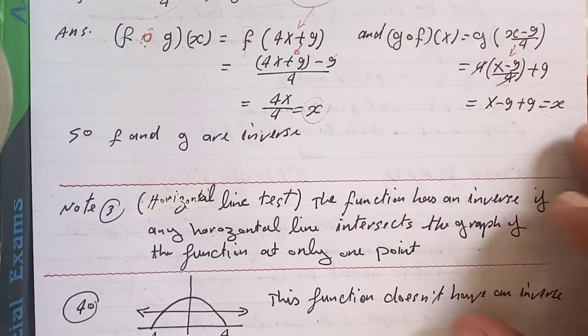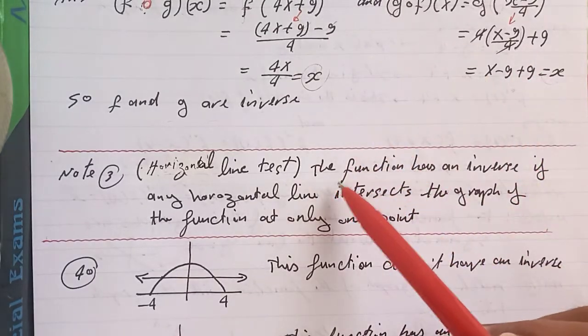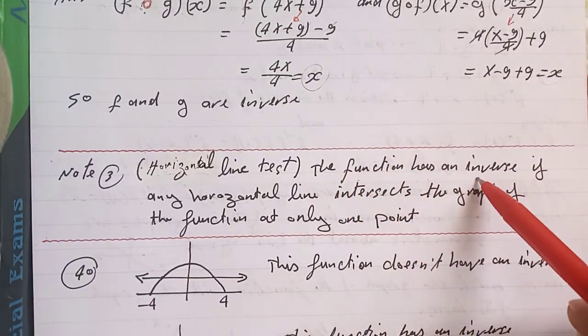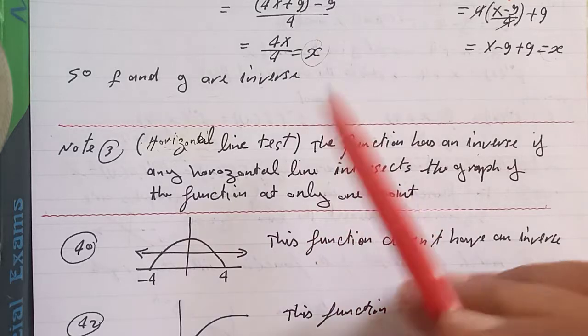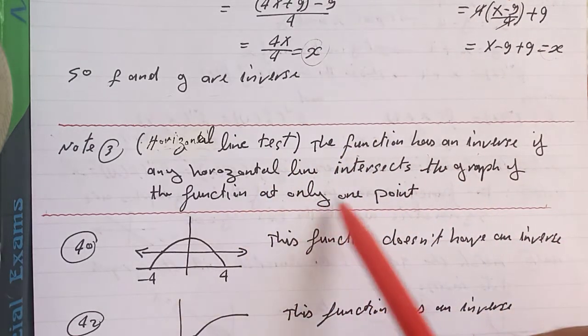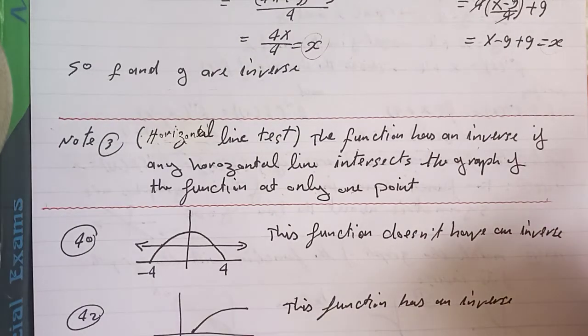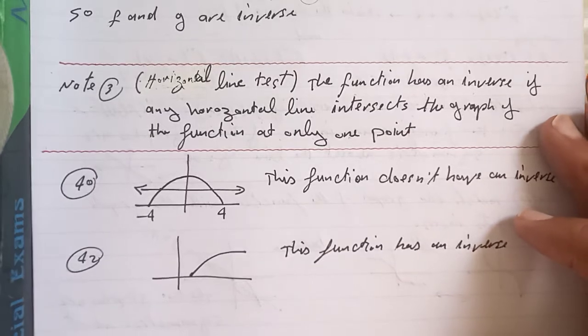Note 3, horizontal line test. It says that the function has an inverse if any horizontal line intersects the graph of the function at only one point. This means you can know whether a function has an inverse or not, because not every function has an inverse function.